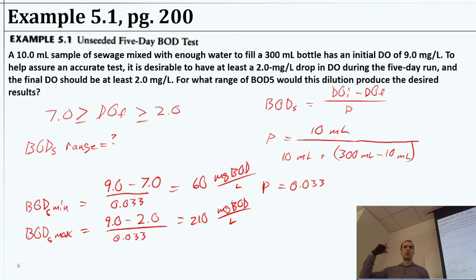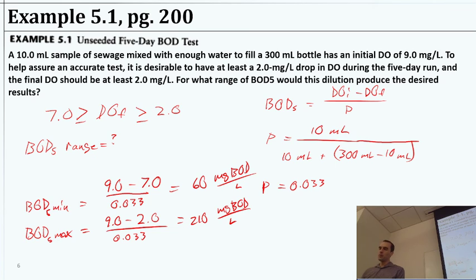Our little DO measuring devices, if we're close to the value where we started or close to 0, we're not so sure we can trust the instrument. So we want to have at least a little bit of a drop and at least a little bit of dissolved oxygen remaining to make sure we're not nearing the detection limits of the instrument itself. Okay, that's kind of the context here.